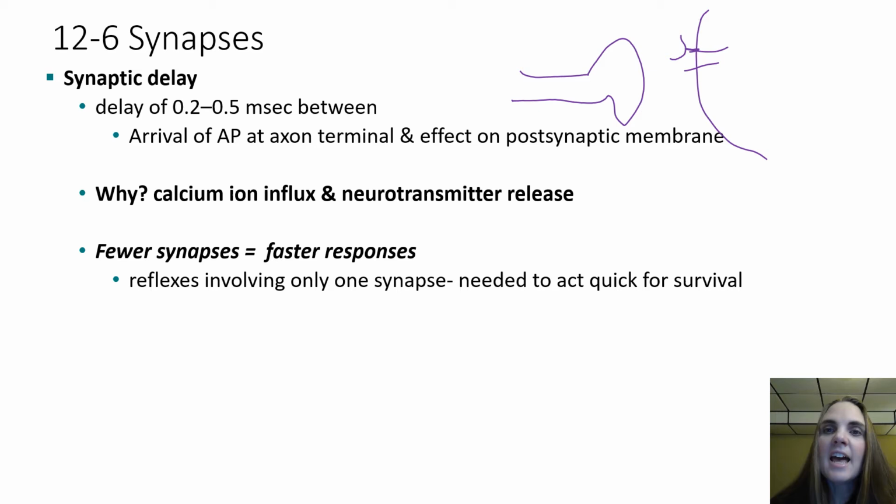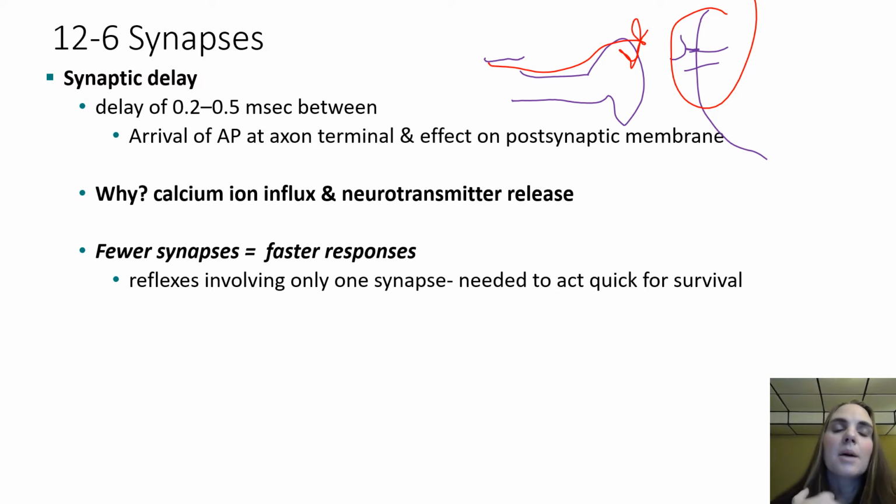So there's a delay from the time that the action potential reaches this axon terminal to when this postsynaptic membrane is going to respond. And most of this delay in time is due to the time that it requires calcium to flow into the presynaptic cell.